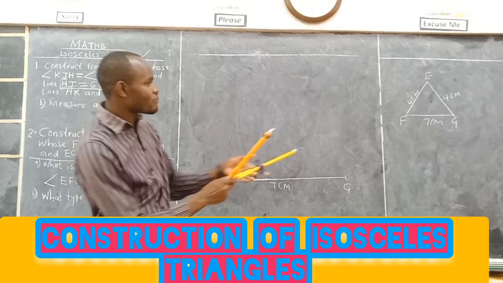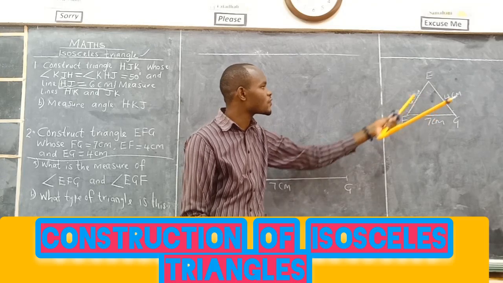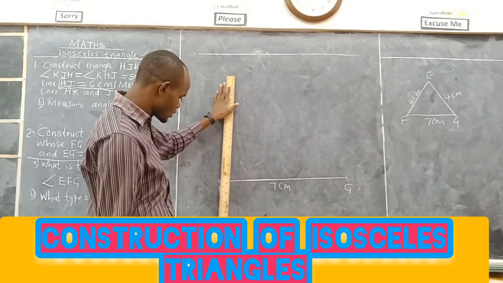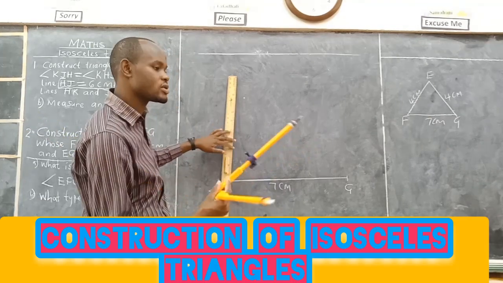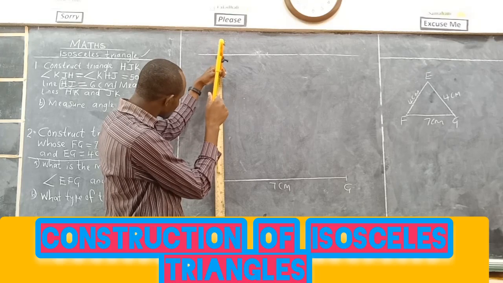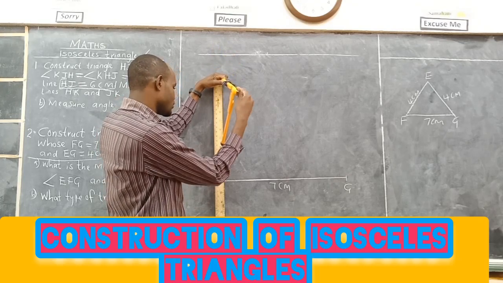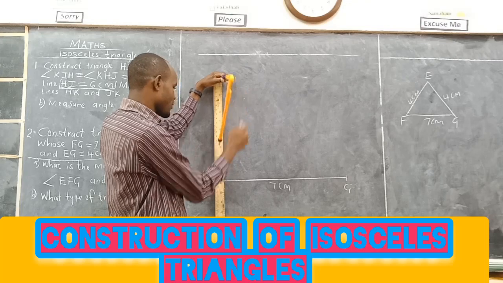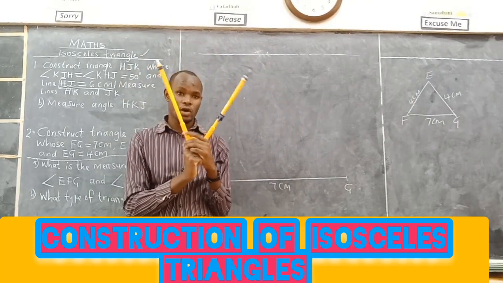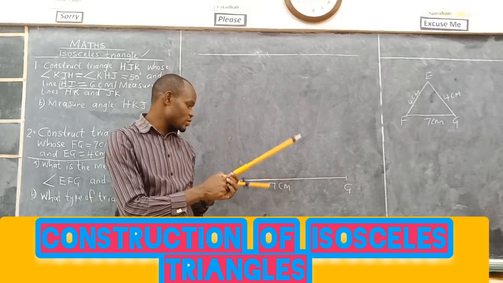You need to measure from F to E, which is 4 centimeters. Measure 4 centimeters using your ruler and your pair of compasses.